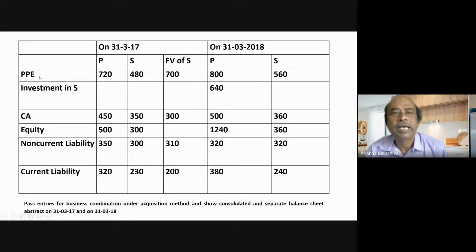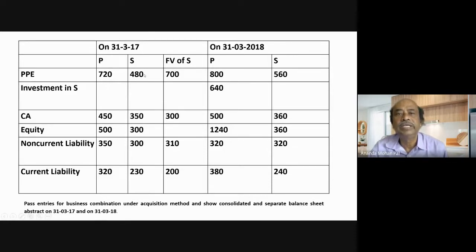Now, fixed PPE, plant, property, and equipment, that is what we understand as fixed assets mainly. That fixed assets are only one item there, parent 720, subsidiary 480, and fair value of S, subsidiary, is 700.